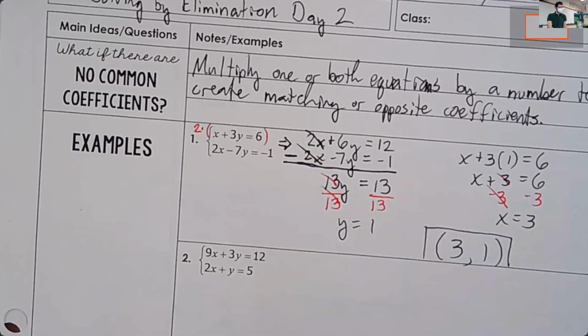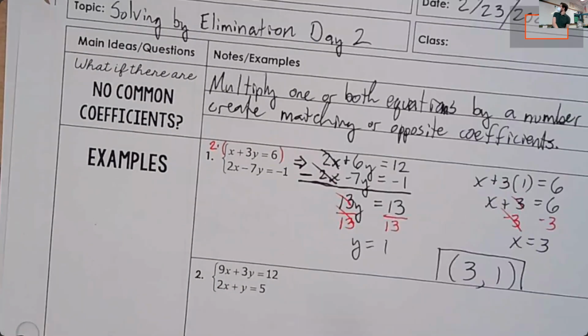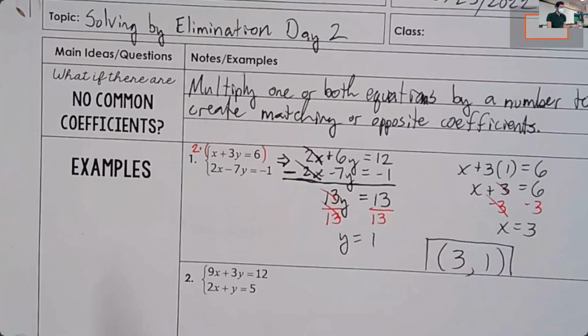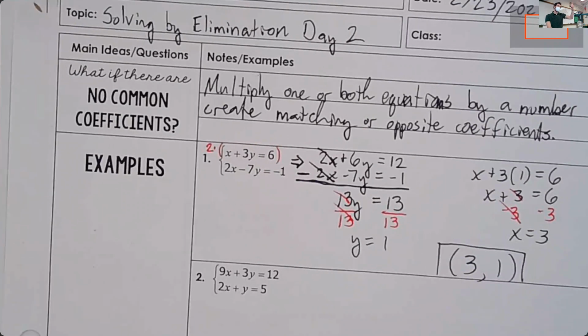So with problem number 2, we're going to get the y variables with the same number in front of them, the same coefficient. So which equation are we going to multiply? And what are we going to multiply it by? Are we going to multiply the first equation or the second equation on problem number 2? The second equation, good. And what are we going to multiply the second equation by?